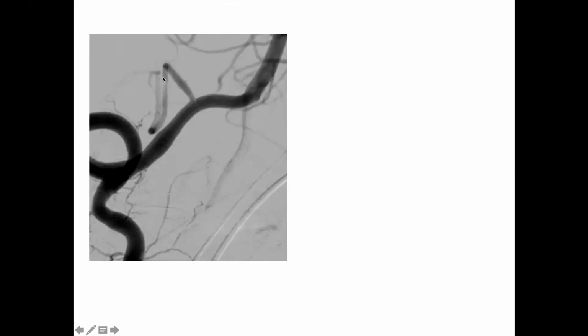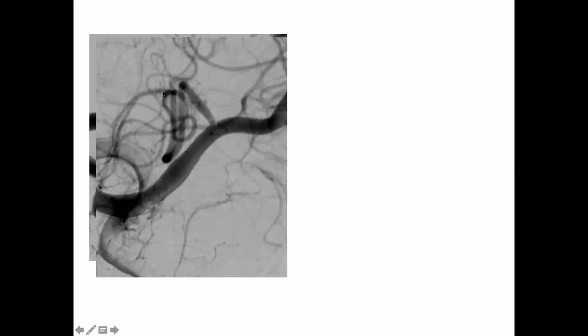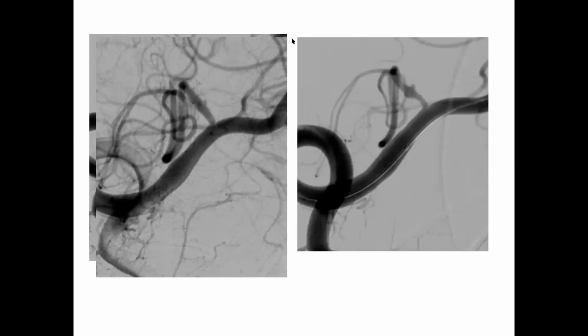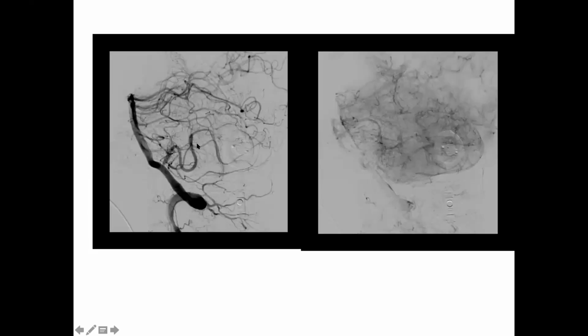You are showing spasm, and this part means total recovery. This is the control. And occluded. This is before, this is after. And very good flow in the territory of the PICA.